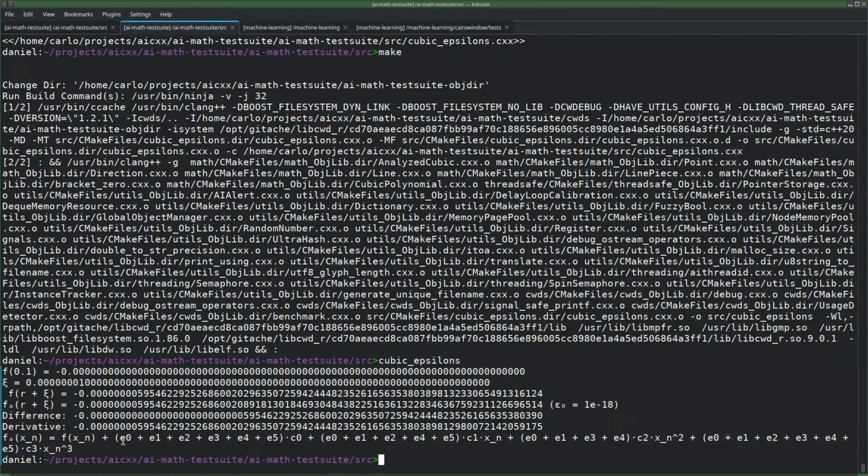So each of these epsilons are, by lack of, how do you call that? It's like an entropy thing, a non-deterministic-ish thing, or just non-calculatable.